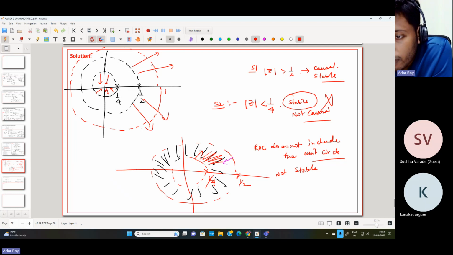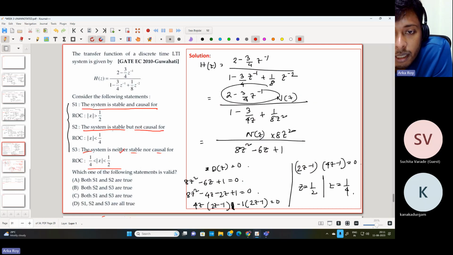If half has the inward nature ROC, that means it has got some left side component in the time domain. That means this is not causal too. That means the conditions written at S1 and S3, these two are correct. Therefore, the option C, that both S1 and S3 are correct, this one is okay.